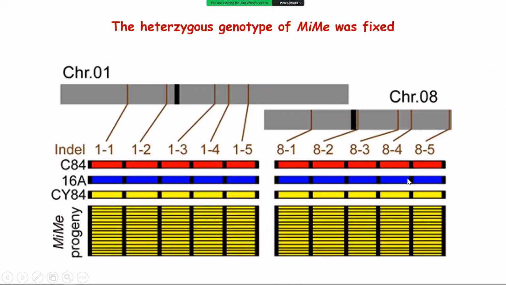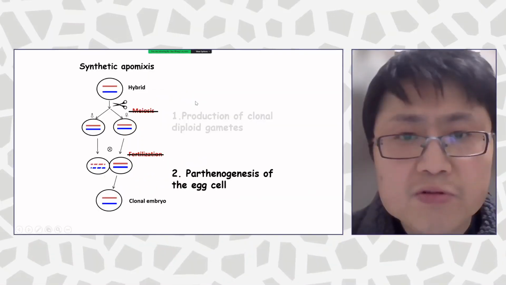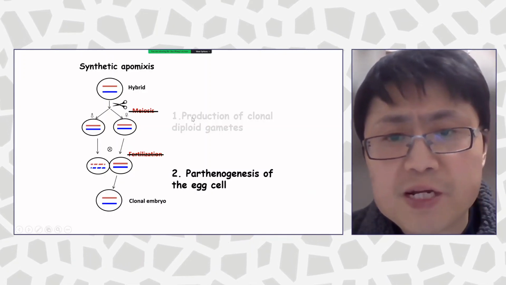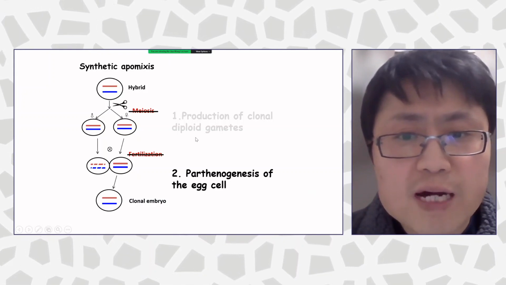Next, using 10 indel markers located on chromosome 1 and chromosome 8, we identified the genotype of the progeny of Mimic, and found that all the sites of those offspring were heterozygous, indicating that the genotype was fixed in Mimic. This work proves the possibility of production of clonal gametes in hybrid rice.